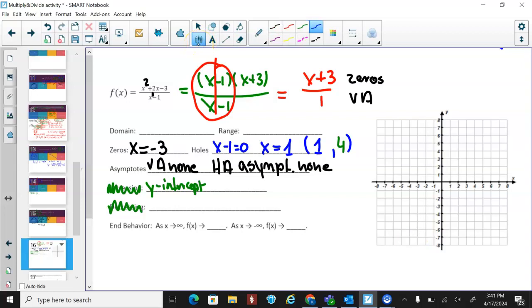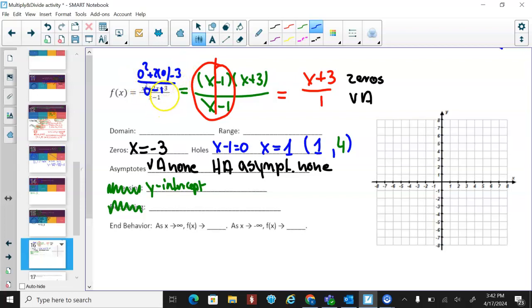Okay, y-intercept. All right, so y-intercept, it's always when x equals 0, correct? So whatever y-intercept we have on the y-axis, it's when x equals 0. So to find the y-intercept, what we can do is plug 0 into the equation. So my equation is x squared plus 2x minus 3. So that's 0 squared plus 2 times 0 minus 3 over 0 minus 1.